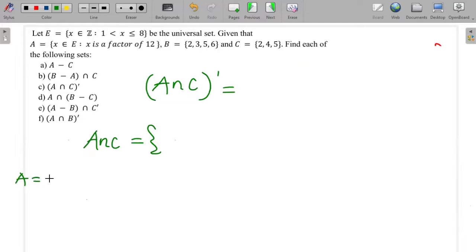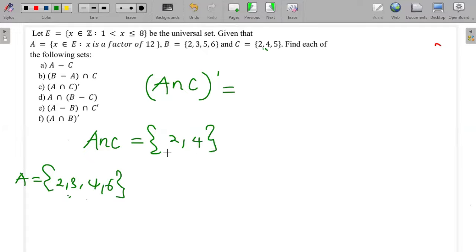A had 2, 3, 4, and 6. So I'm intersecting this A with the C. What is common? 2 is common, and 4 is common. So that is A intersection C.